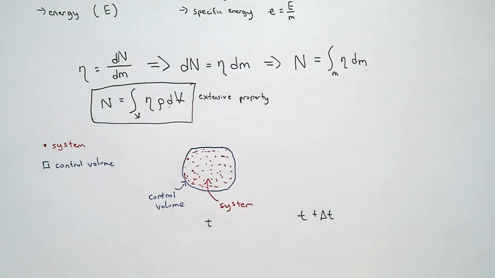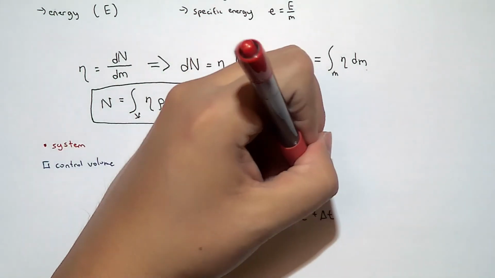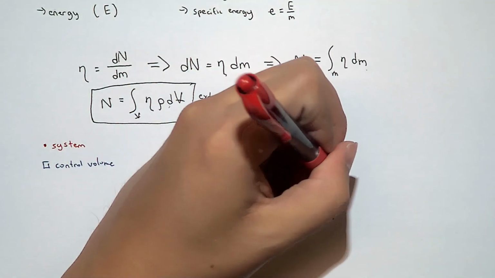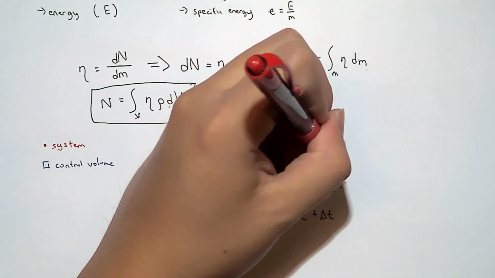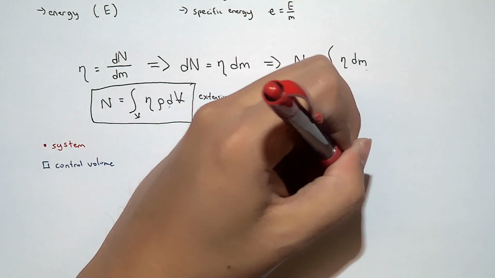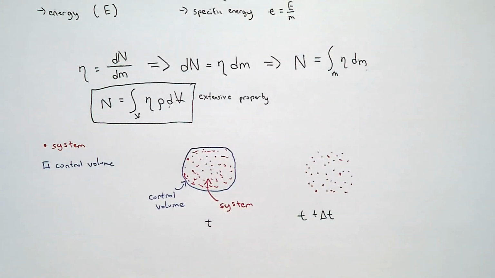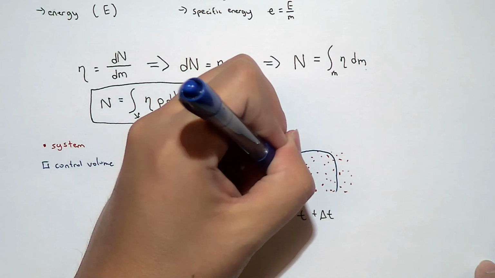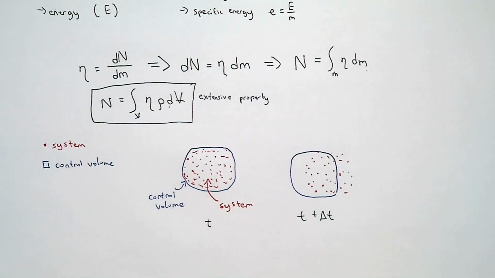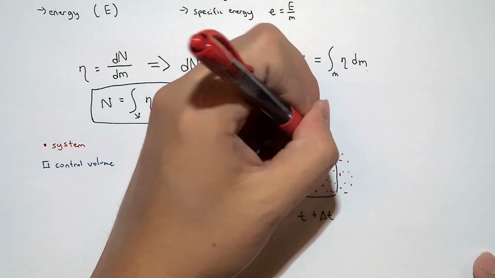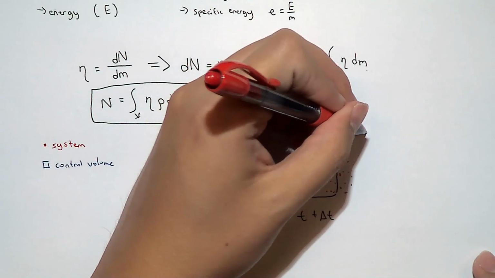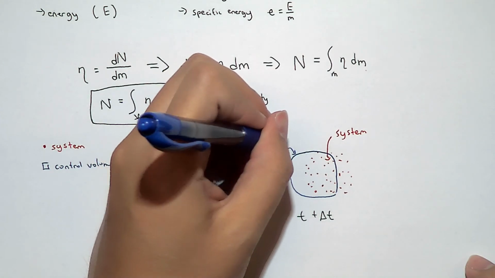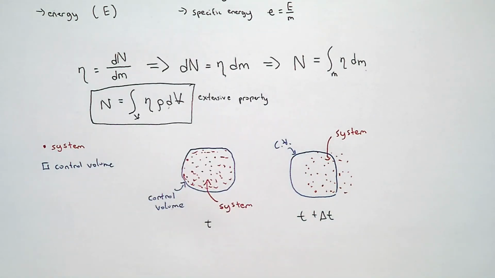So at a later time t plus dt, my system has moved. Let's say my system is now elsewhere. Ethan, if my system starts to shift, does my control volume move with it? No? Okay, good. So my control volume doesn't move. At time t plus dt, my system has moved, but my control volume has not moved. Good? So what do we have?